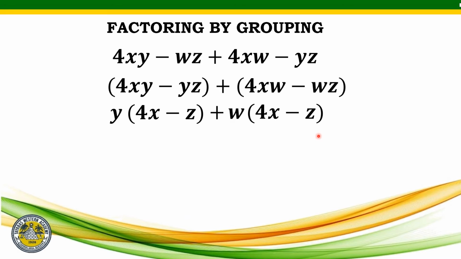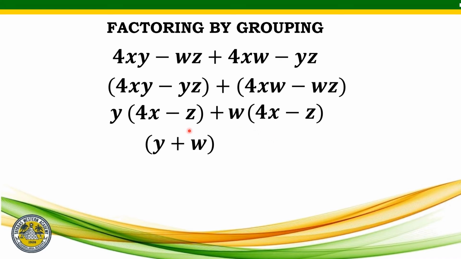Next step natin is pagsamahin sa loob ng parenthesis yung nasa labas na term, which are the y and w. So, positive si y, positive si w. So, yung magiging group natin is y plus w, or w plus y.